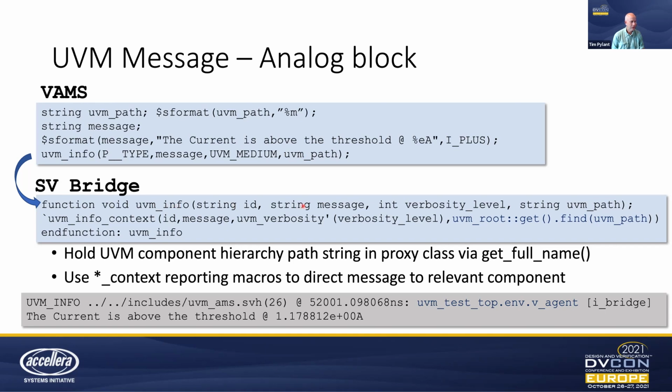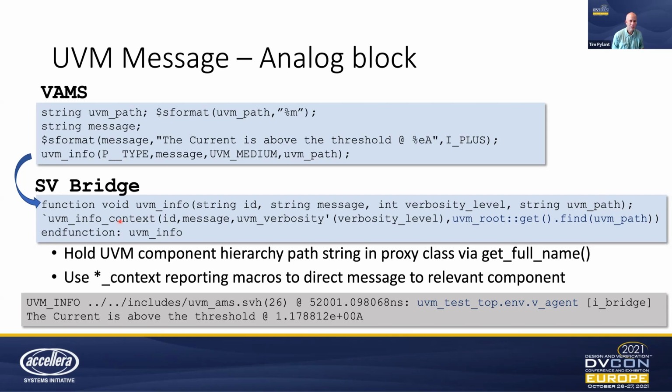We have our string ID, string message, verbosity level, and then the additional UVM path. We have to pass up the path because this is going to be invoked from within the bridge, not from within the resource. So we pass this additional path in there, and then we use the built-in UVM macro, UVM info context.